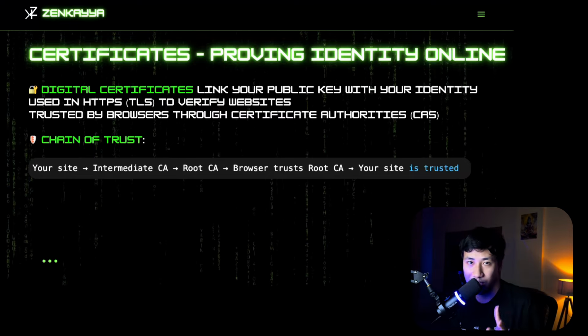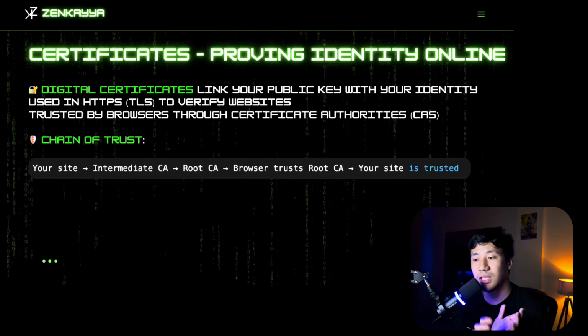Now imagine a chain of trust. Imagine you have a website. An intermediate CA will be there, that is a certificate authority again. Then it will be connected to the root CA, one main root CA.